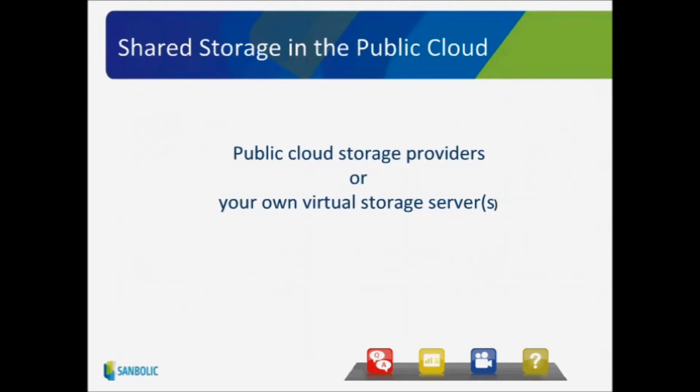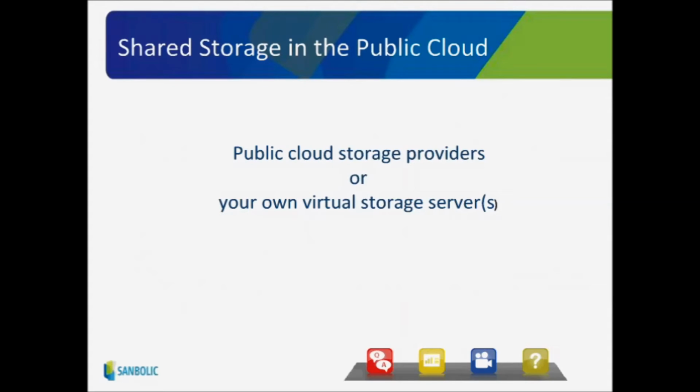Now, when you talk about a shared file system and a shared volume manager, obviously you're going to need shared access to the storage. So how can I get shared storage in the public cloud? I don't have a traditional SAN that I can just plug into my EC2 instances to get a shared storage resource that these servers can concurrently access. There are two ways that you can do this on the AWS platform. One is you can use public cloud storage providers.